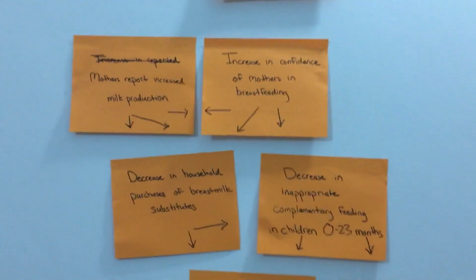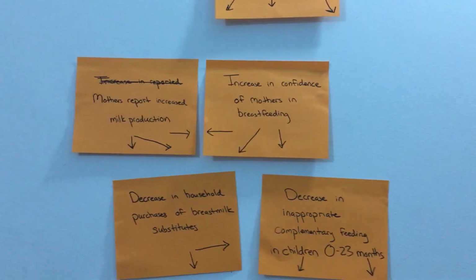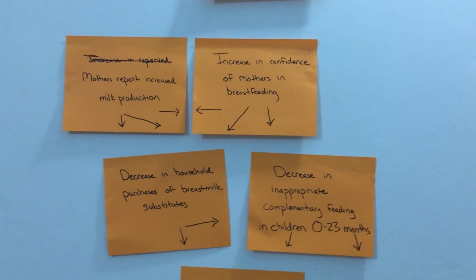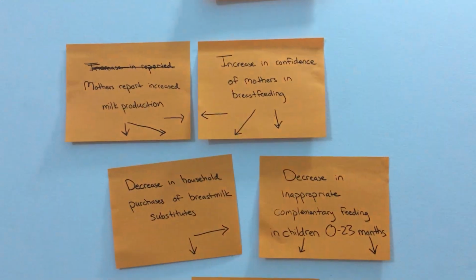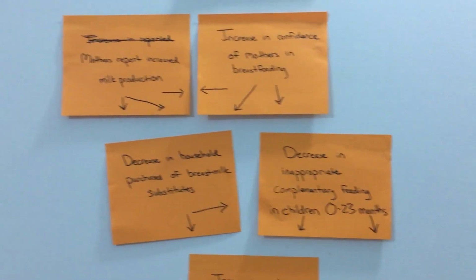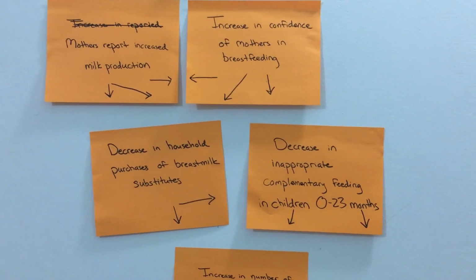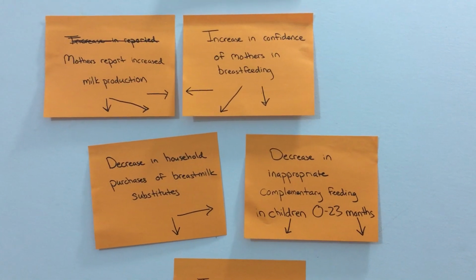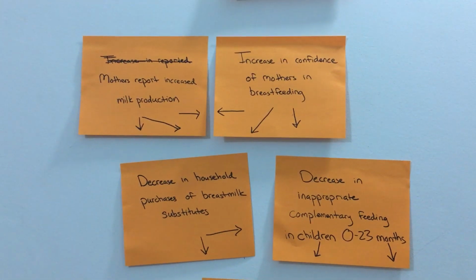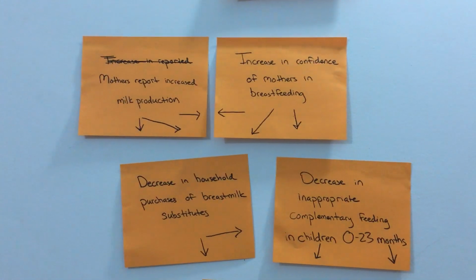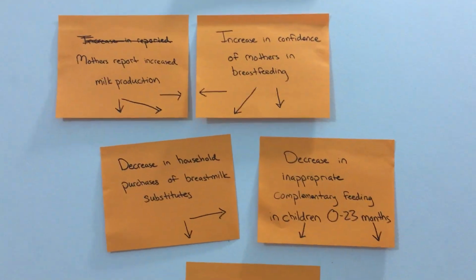So then if we move into the next series of maybe more midterm outcomes, we have the increased milk production, we have increased confidence, we have a decrease in purchases of breast milk substitutes, and in inappropriate complementary feeding. Now again, I'm not so interested in actually collecting data on milk production and confidence.